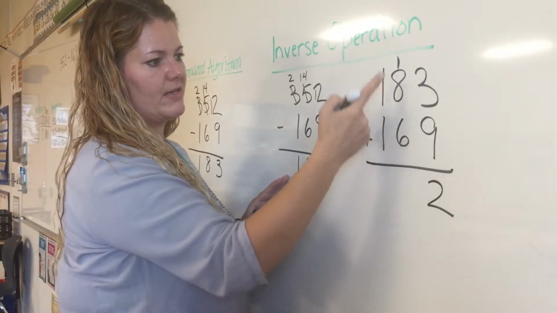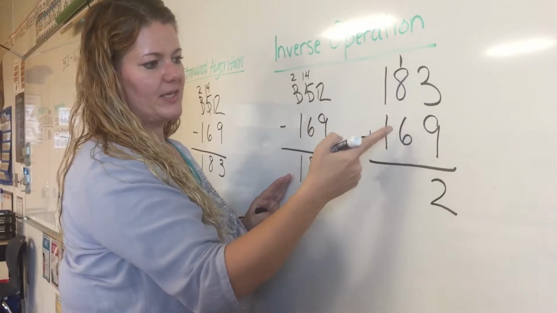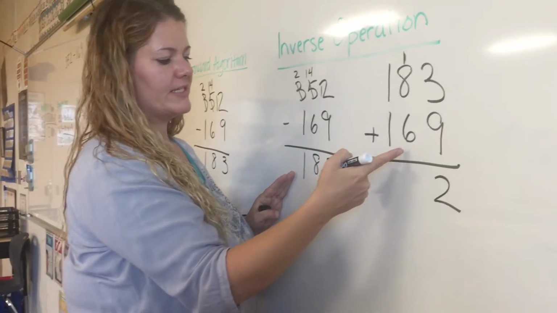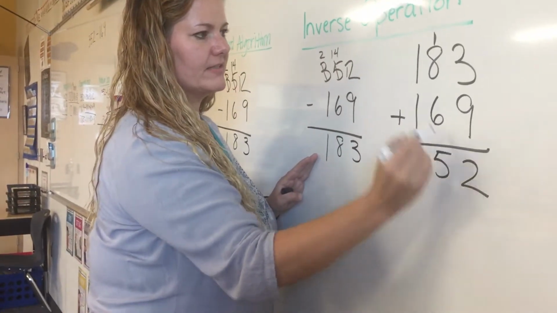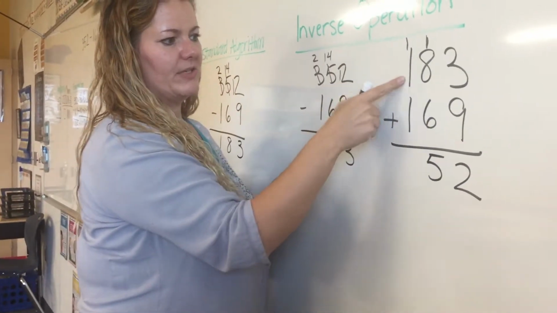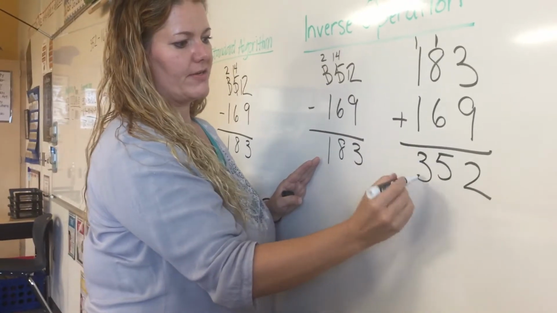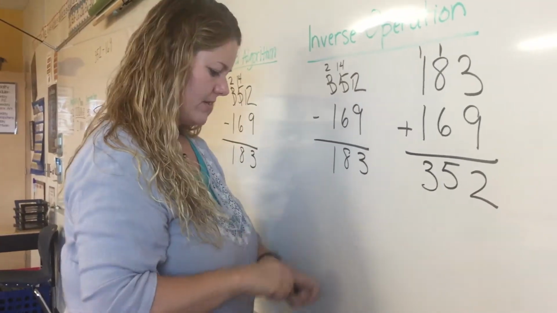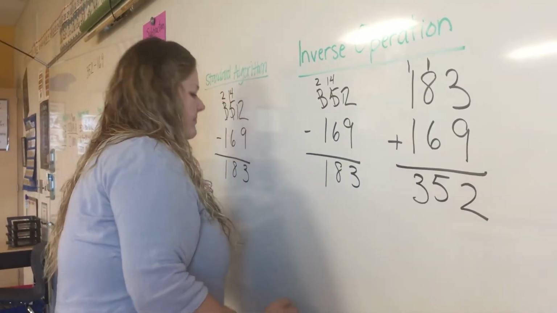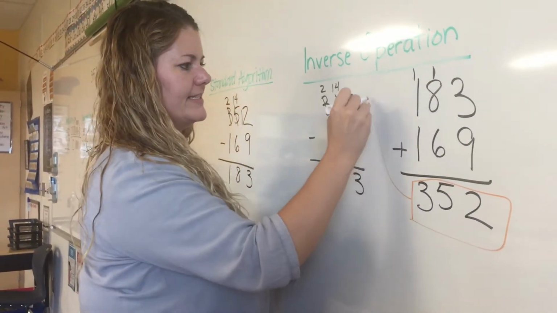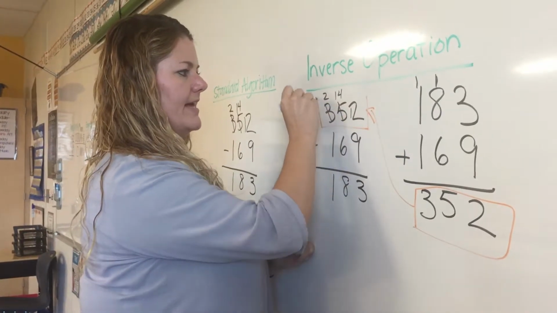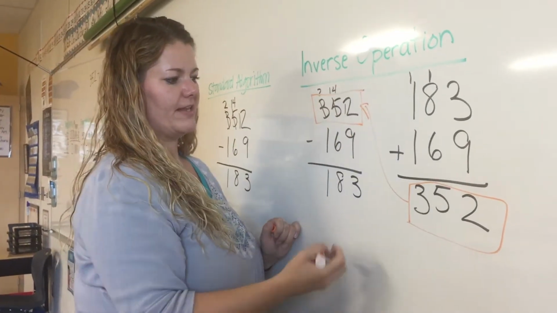You carry the 1. 8 tens plus 6 tens is 14 tens, plus 1 is 15 tens. 100 plus 100 plus 100 is 300. So this number is the same as this number that we started with.